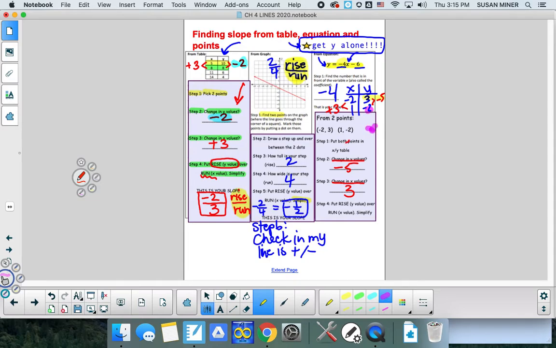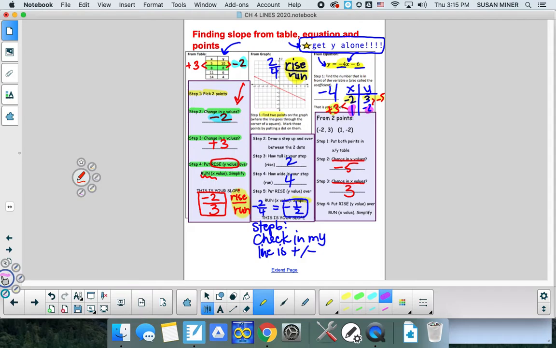If I have -2 and I add 3, I should get 1 down here. So I can check to make sure that I've figured out the change, the amount of change there, by just adding those together and checking to see if I get my next number.